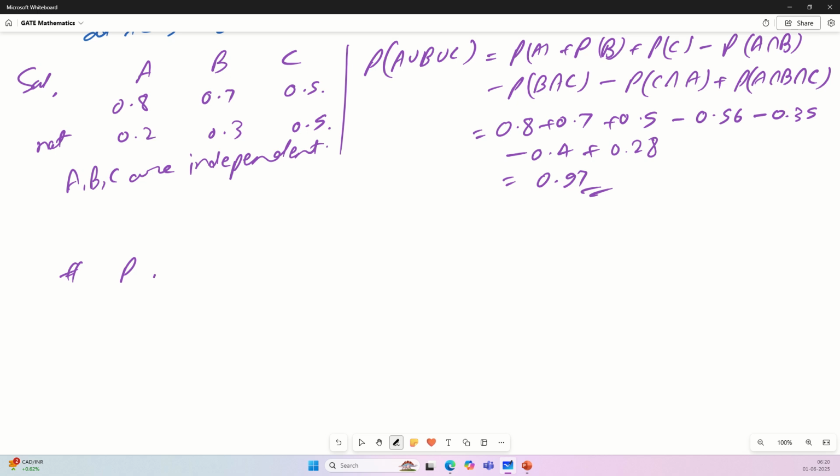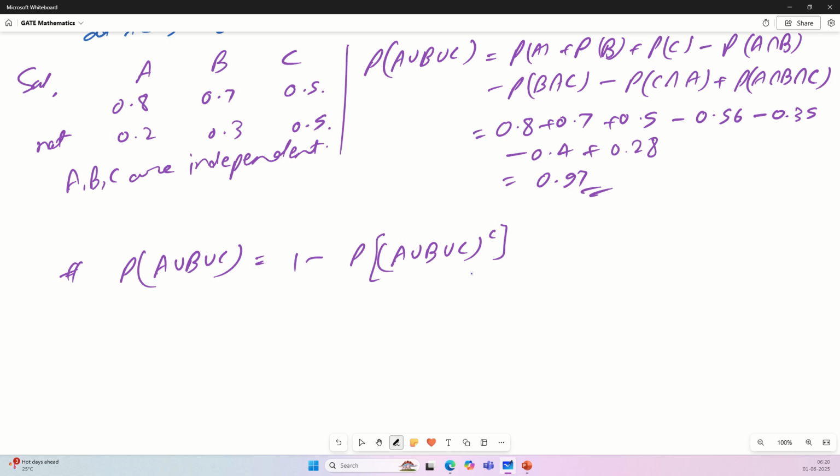Our aim is to find out probability of A union B union C. Can we do that as 1 minus probability of A union B union C complement? This is also one method. Like what is the probability that this does not happen? That is probability of A union B union C complement, right?